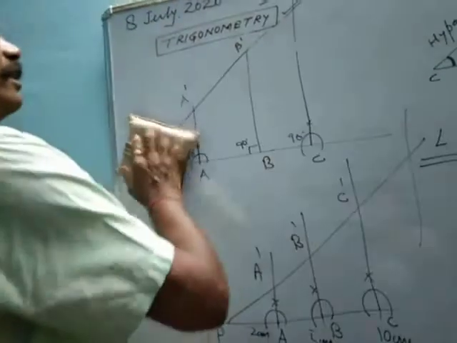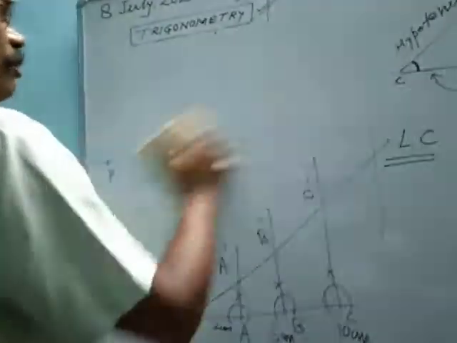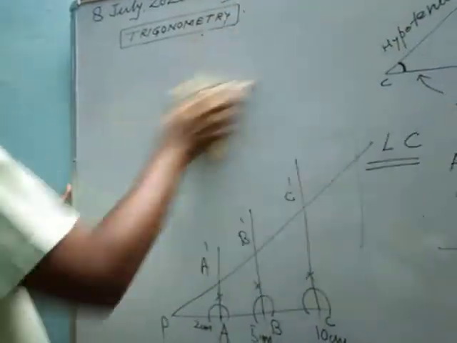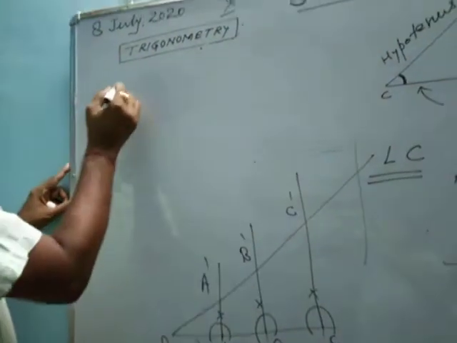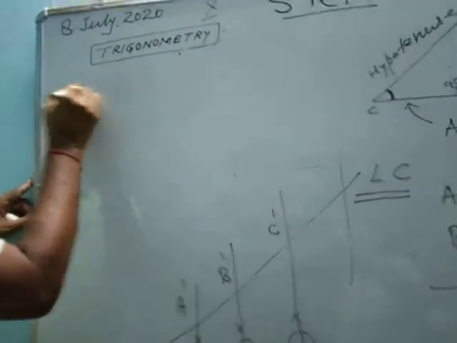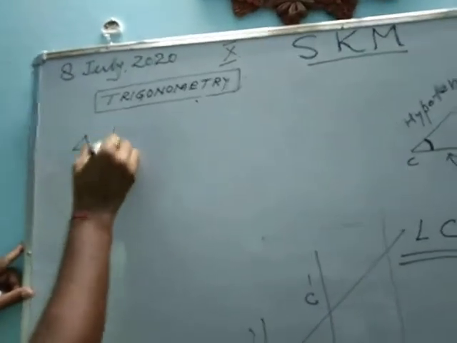We'll do one activity and note down its observation. See what we will do. First we are having three types of triangles. So first column is for triangle.